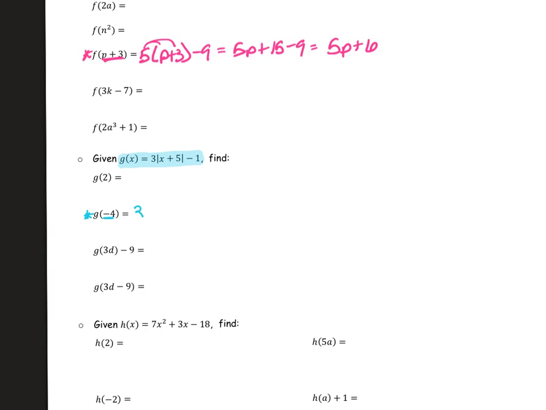So I've got 3 times the absolute value of negative 4 plus 5 minus 1. So absolute value bars kind of act like a parenthesis, so I want to do what's in there first. So I've got 3 times the absolute value of 1 minus 1. And what's the absolute value of 1? 1. Good. So 3 times 1 minus 1 is 3 minus 1, which is 2. Perfect. Good job, you guys.